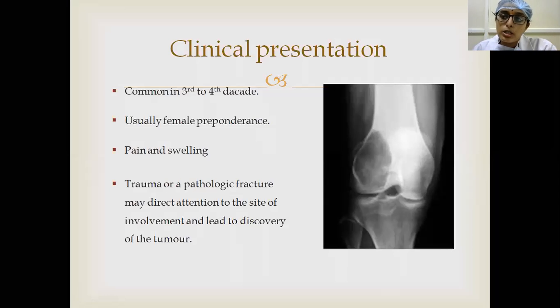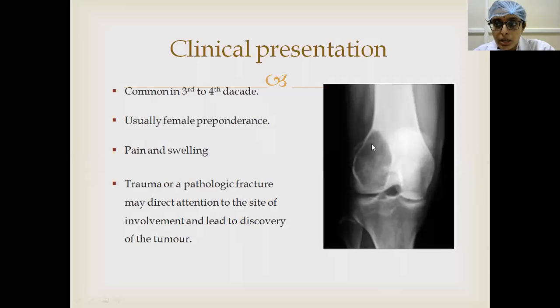So one more important feature is it is found in a mature skeleton. Till now, most of the tumors we have seen are in an immature skeleton, and the upcoming tumors, unicameral bone cyst and aneurysmal bone cyst, are also seen in an immature skeleton, whereas this one is seen in a mature skeleton.